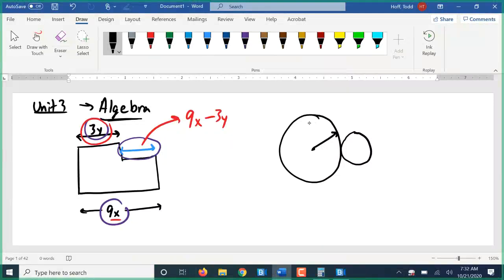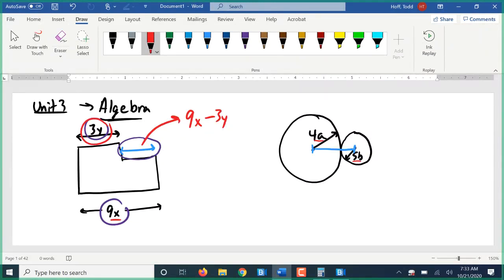I might have something like this, where this is listed as 4a, and this is listed as 5b. If I want an expression for the distance from center to center of those circles, well, if I had numbers for each of those, to find that distance, I would be adding them together.